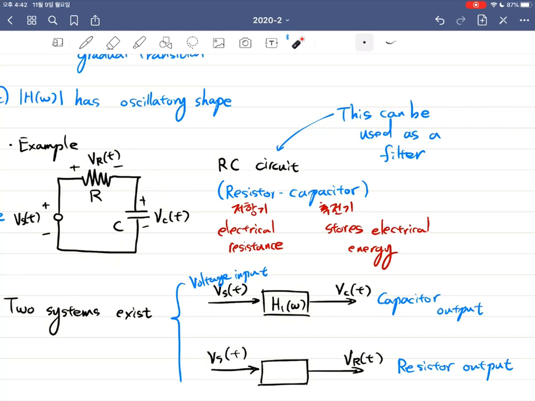And with the voltage input and the resistor output, I will denote this as H2 of omega. We know that they will be LTI systems, so the LTI system can be represented by its impulse response, and the Fourier transform of this impulse response is the frequency response, which is written in capital H.